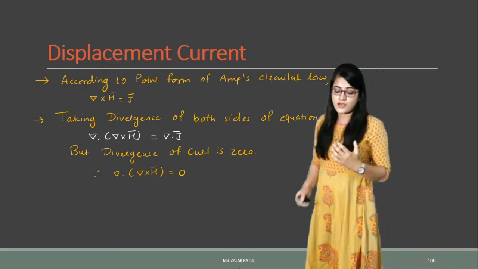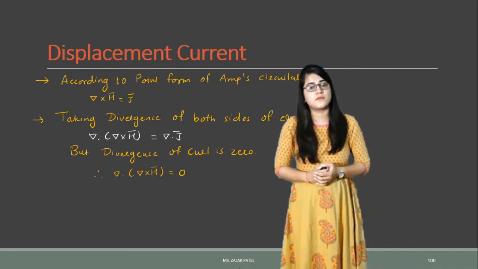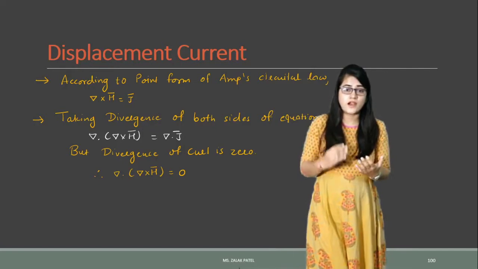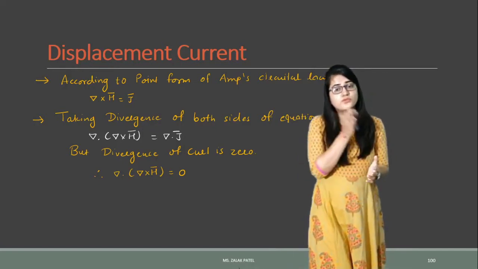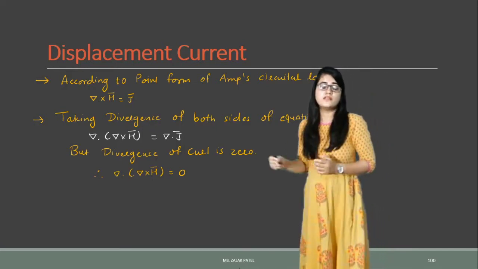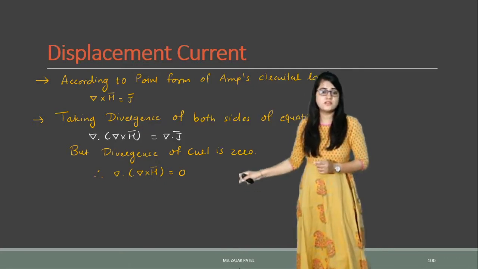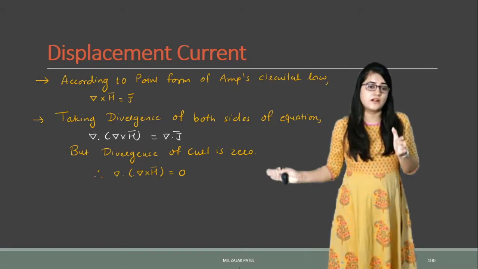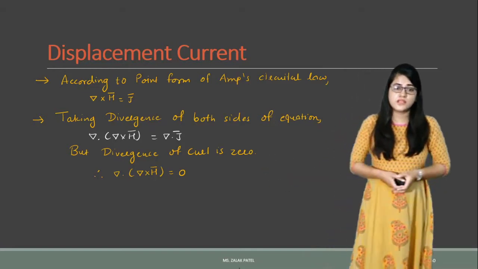You can take any vector like x ax plus y ay plus z az, and if you first find the curl of that vector and then do the divergence, then this will also always be 0. Means that the divergence of the curl, del cross H, is equal to 0.